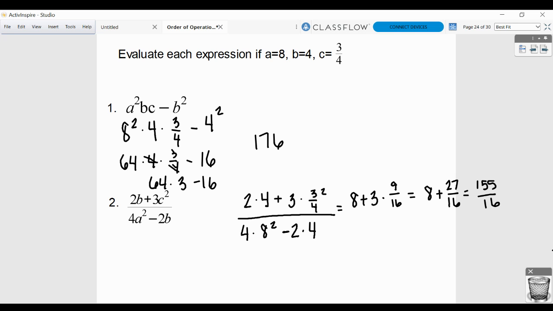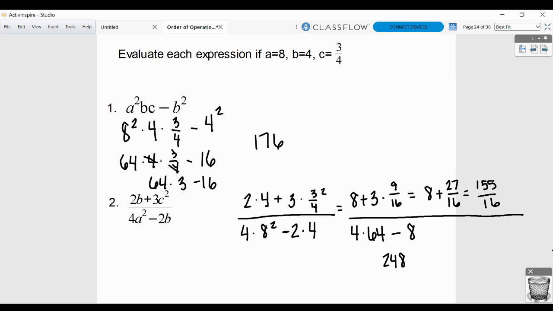All right, so then the denominator, that's not going to be as hard. You would end up getting 8 squared, which is 64. And then 2 times 4 is 8. So 4 times 64 is 256, minus 8 is 248.